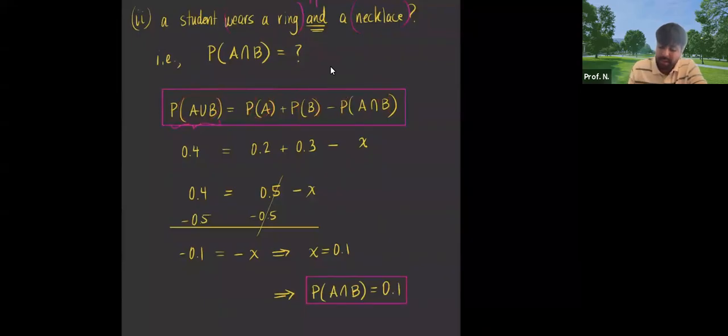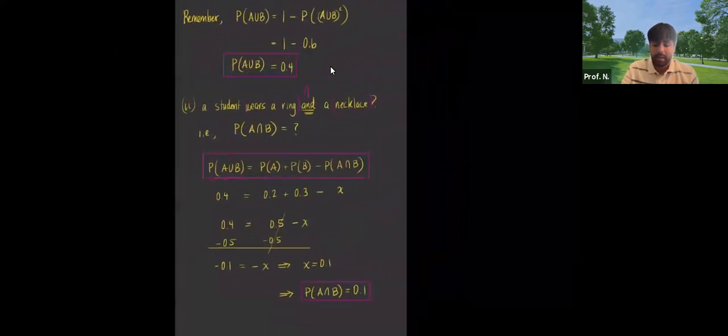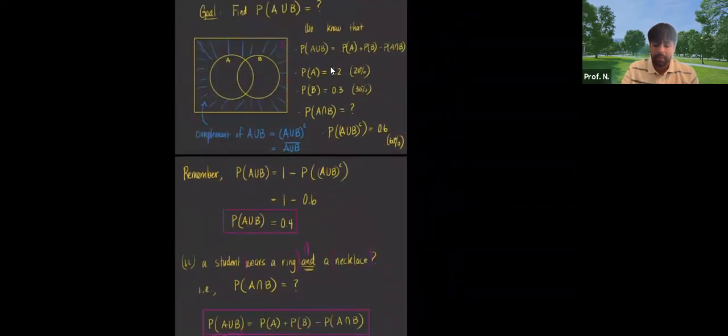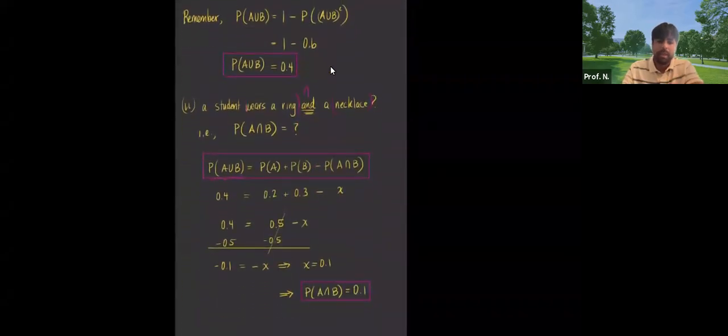So what's the percentage of students that wear a necklace and a ring? It's 10%, because of 0.1. Okay, everyone clear about this? So we're becoming a bit more sophisticated with our probability problems and concepts. All right, so that's that.